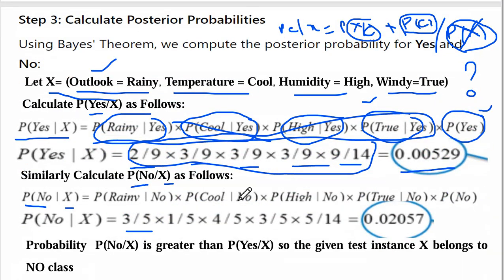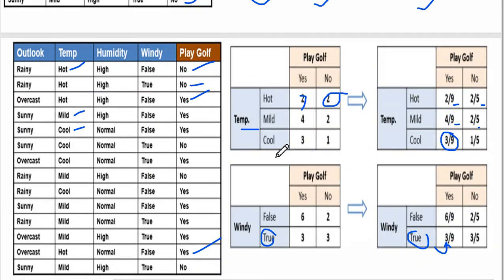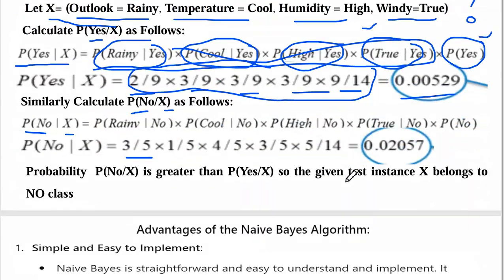Cool by no of temperature: go to temperature, cool by no, that is 1 by 5 as the likelihood probability. That's why here we write 1 by 5. In a similar way, high by no, true by no, and the prior probability of the no class, 5 by 14. If you solve this entire thing, we get 0.02.